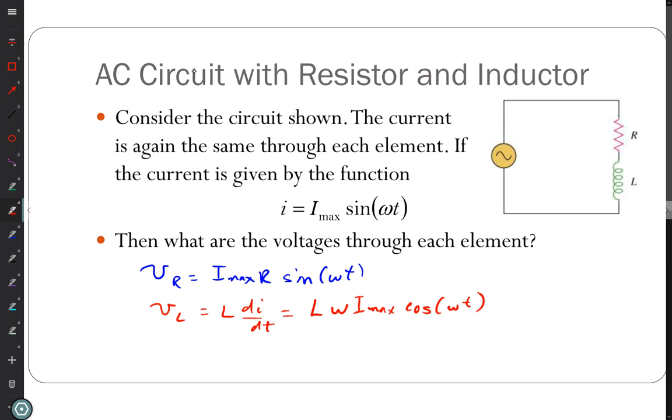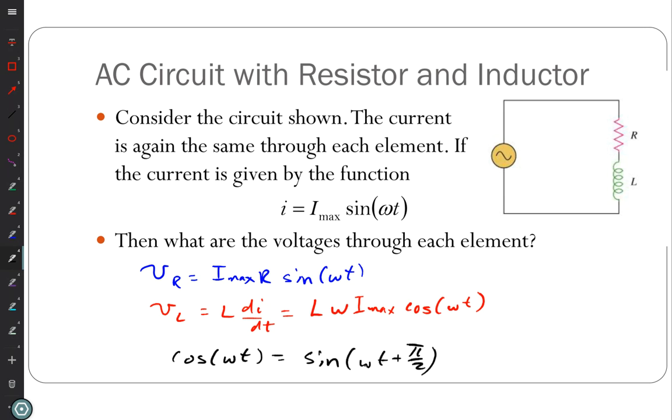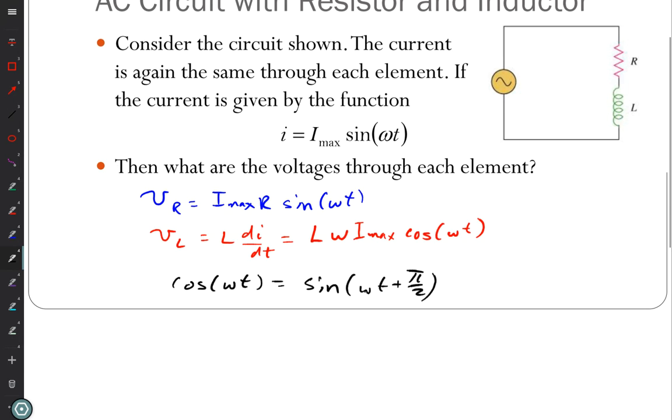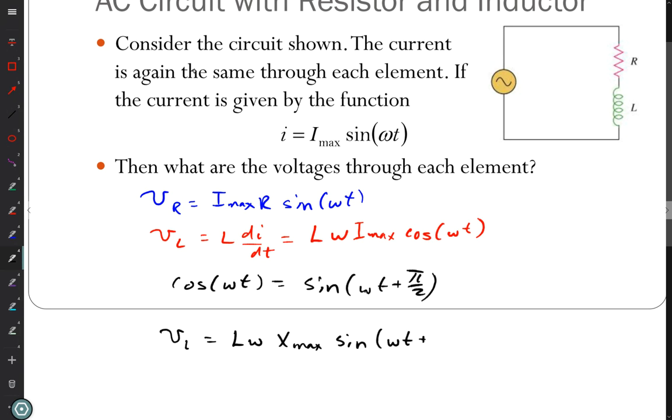But just as before, we can use the definition: cosine of omega t is the same as sine of omega t plus pi over 2. This time it's plus pi over 2 because we didn't have that minus sign. And so the voltage across the inductor is equal to L omega I max sine of omega t plus pi over 2.